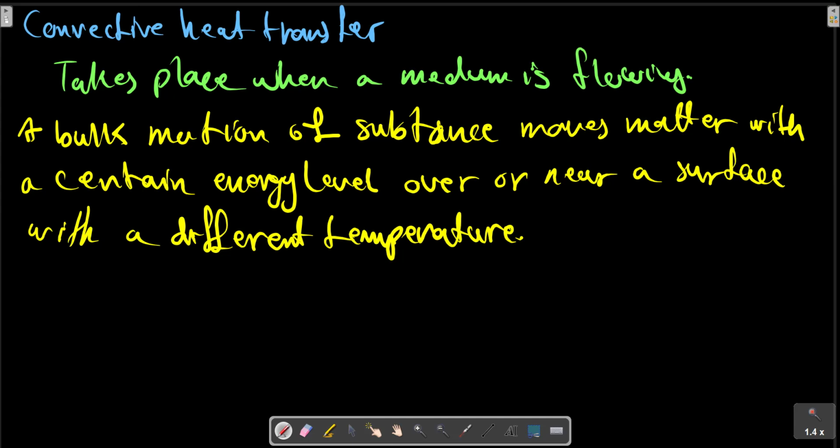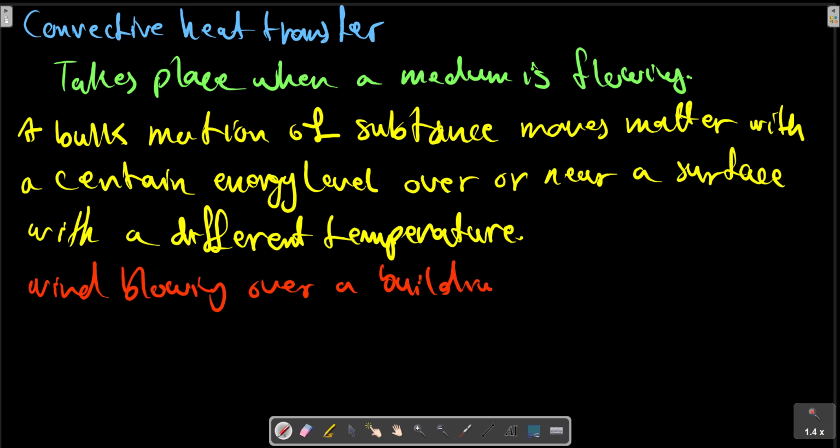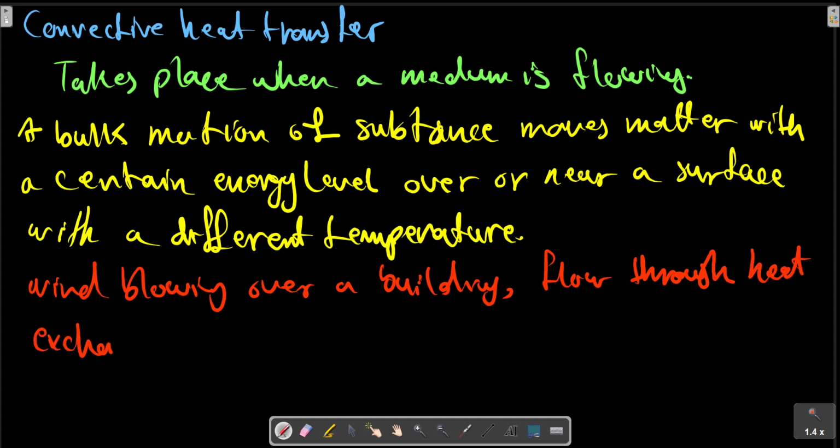Examples are the wind blowing over a building, or flow through a heat exchanger, which can be air flowing over a radiator with water flowing inside the radiator piping.